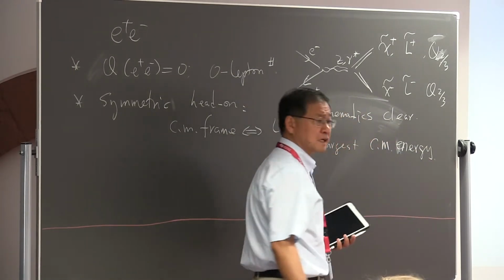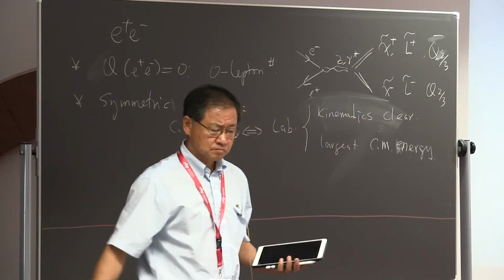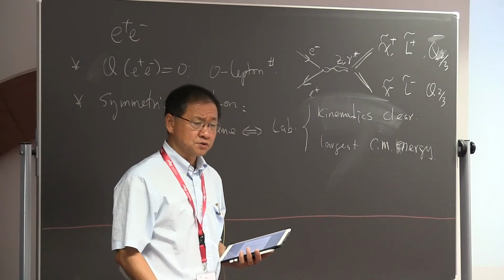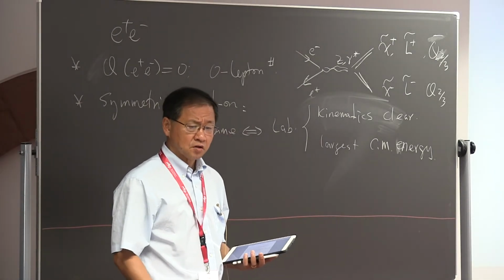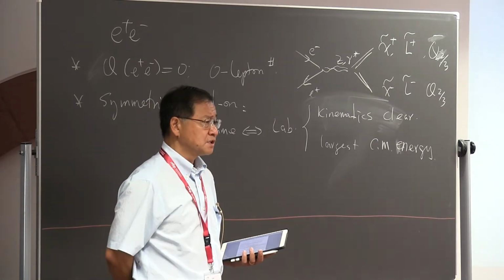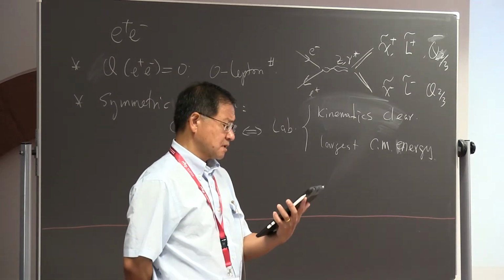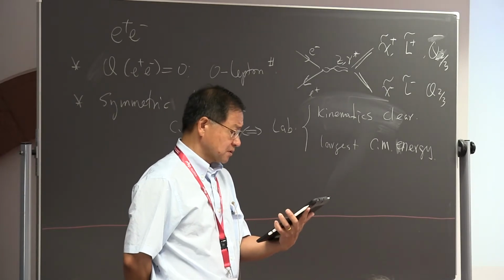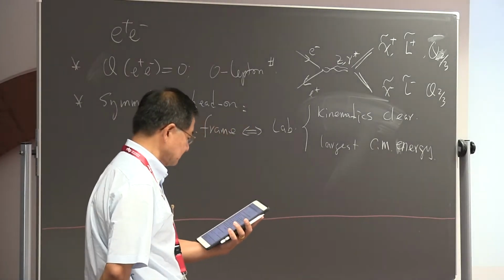You don't waste any kinetic energy. So as much kinetic energy as you can produce from the machine, all the kinetic energy will convert into center of mass energy to produce any new states available or accessible. So that's the second thing.